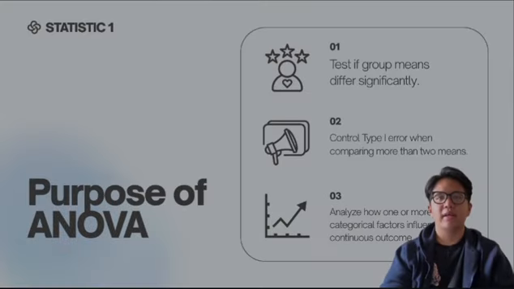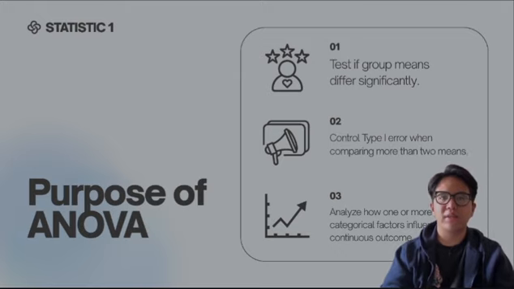Next, we talk about the purpose of ANOVA. The purpose of ANOVA can be summarized in three main points. The first, it helps us test whether the means of several groups differ significantly. The second, it controls the type I error, which happens when we incorrectly say there is a difference while in fact there isn't, especially when comparing more than two means.